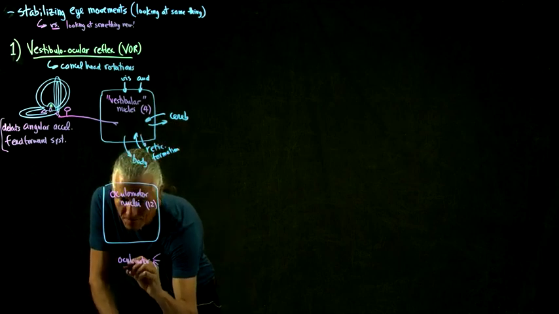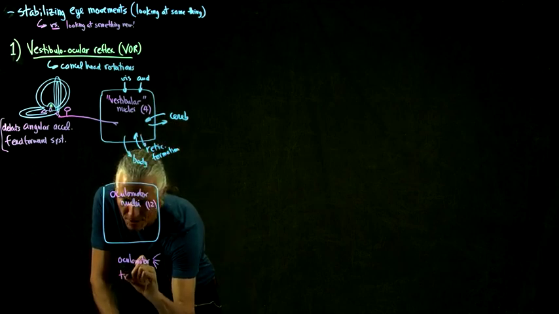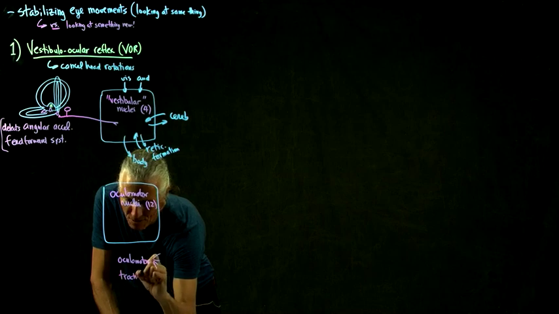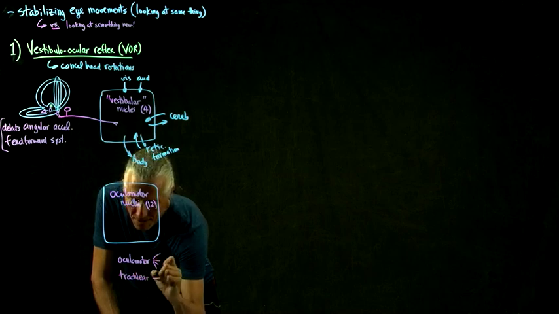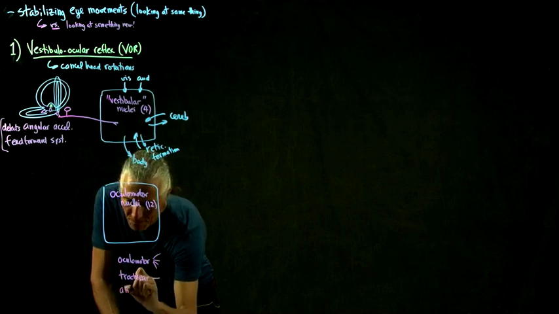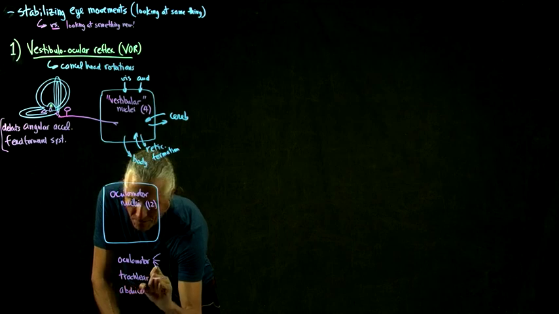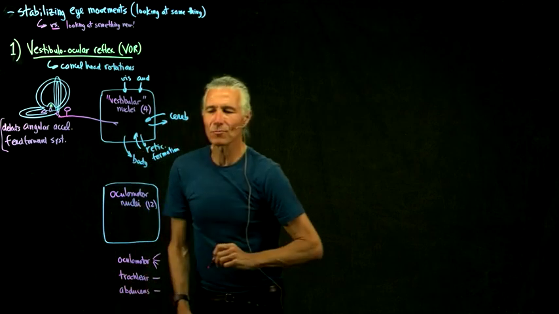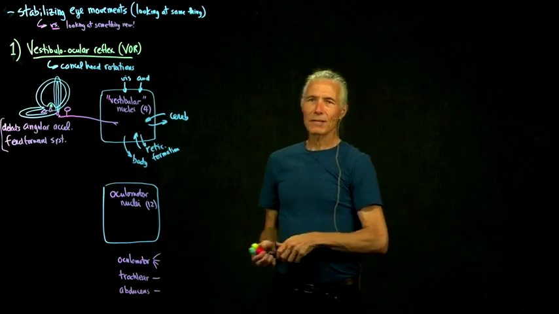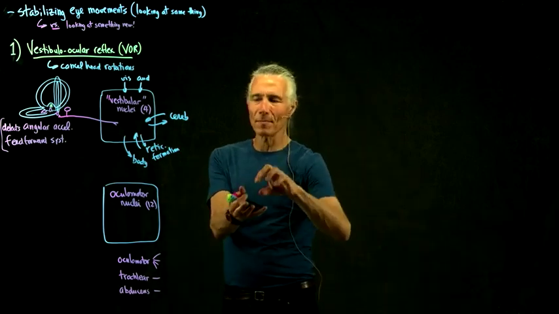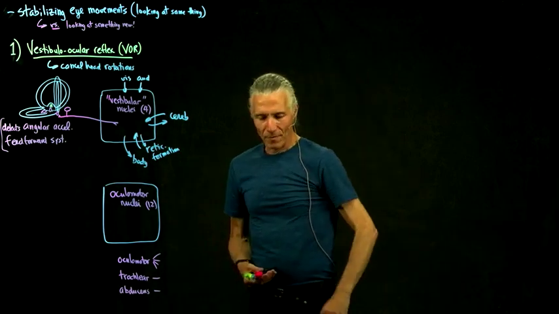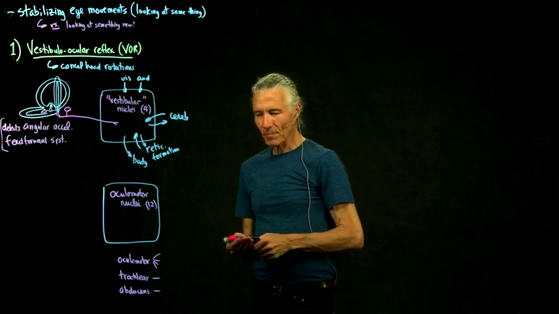And then you have something called the trochlear nucleus, and that just controls one. And then there's the abducens, and that just controls one. So the oculomotor nucleus has 4 separate parts in it for 4 different muscles. And so what are these muscles?